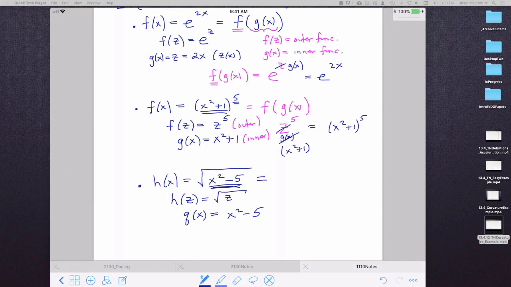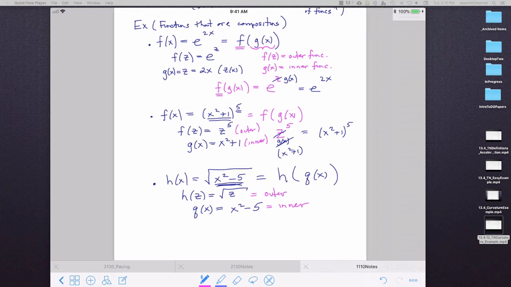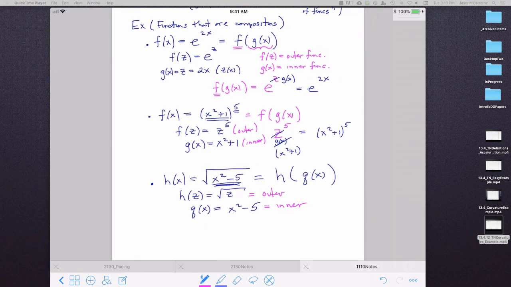And therefore, h of x is h of q of x, q of x being the inner function. So square root of z is the outer function, x squared minus 5 is the inner function. So there are 3 examples of compositions of functions, and I'll do one more to kind of return to what I think are the more challenging of the problems.